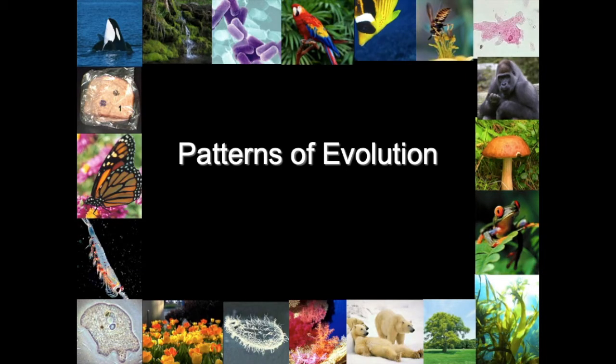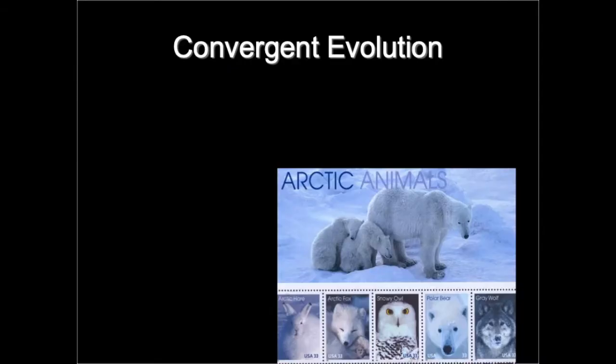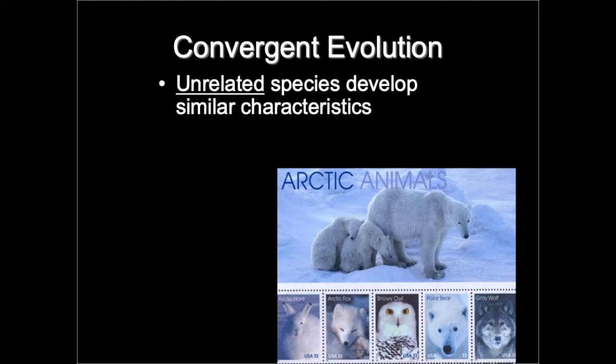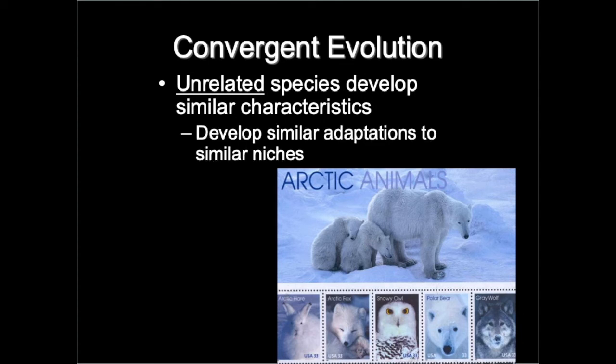When we try to figure out evolutionary relationships, we look at the different kinds of patterns of evolution. The first pattern makes figuring out evolutionary relationships a little bit tougher. It's called convergent evolution, and it's evolution that happens in unrelated species that ends up making them similar. So for example, if we look at the organisms in this picture, they all evolved to a similar niche. They all live in the Arctic where it's covered in snow most of the time.